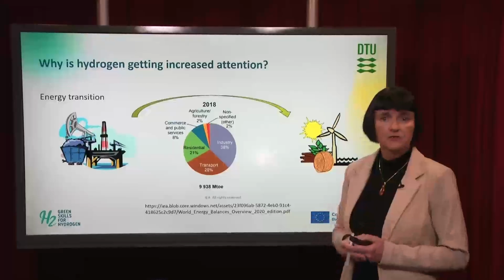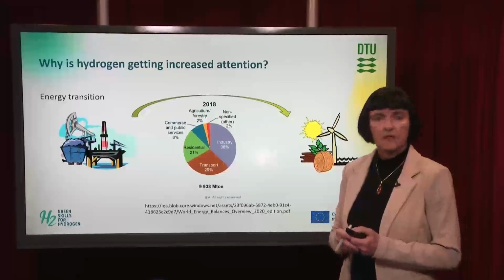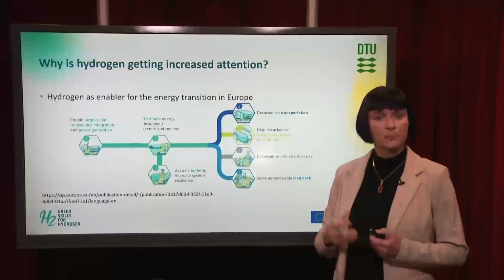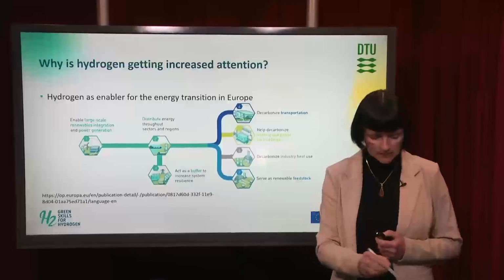And how can hydrogen fit into this picture? There is here one illustration from European Commission. We all know that the renewable energy sources are fluctuating in nature. That requires that we are able to store this energy, and that we are able to have a buffer as well. And here hydrogen can play a role.